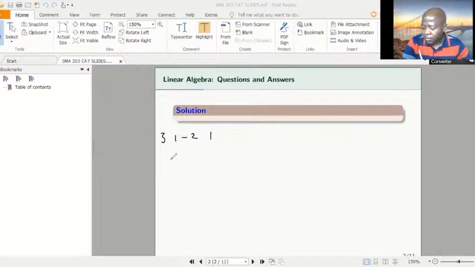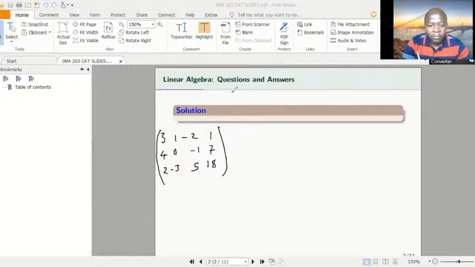And then we have 4, 0, -1, 7. And then we have 2, -3, 5, 18. This is the augmented matrix. And what are we supposed to achieve? Let me write what we're supposed to achieve here, so that as we begin, we know what we are looking for.